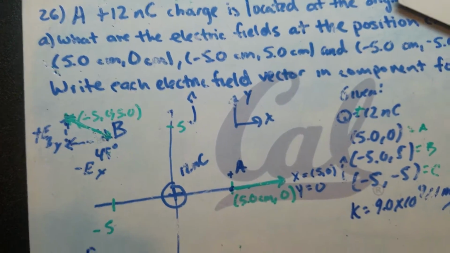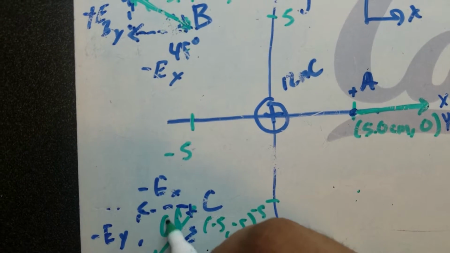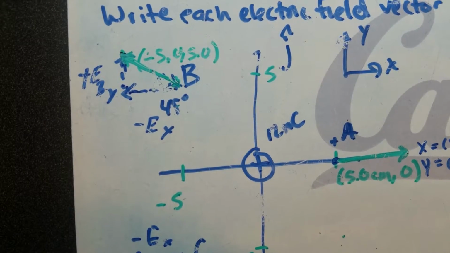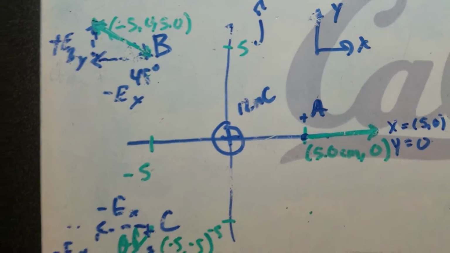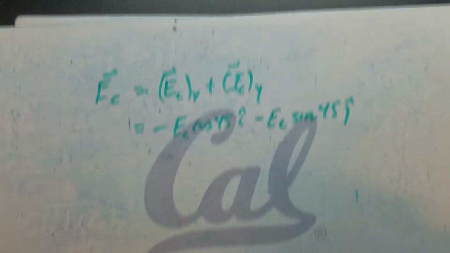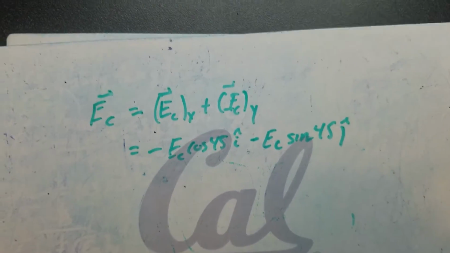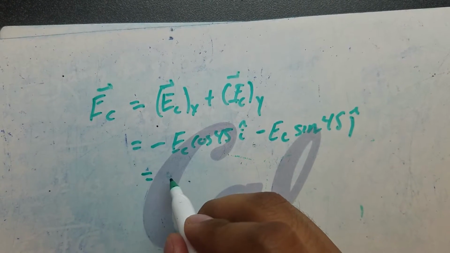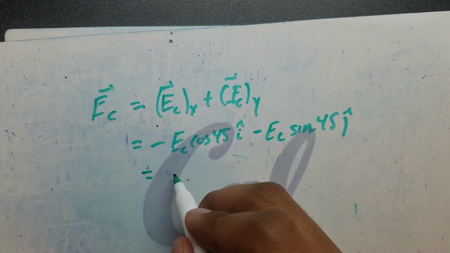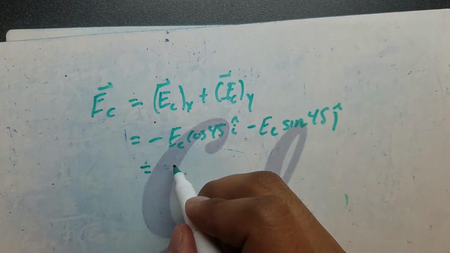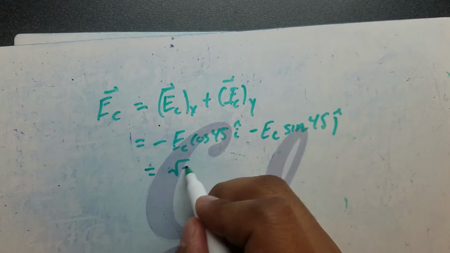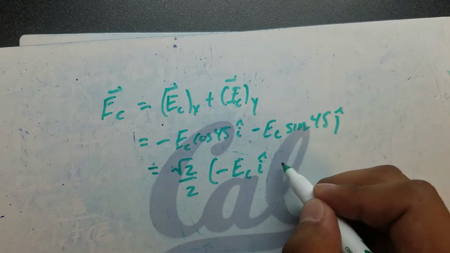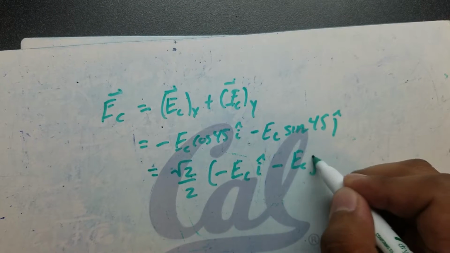Since we broke this into components, we're going to draw this angle. In this case, since EX is adjacent and EY is opposite, EX is cosine and EY is sine, just like we wrote here. Another way we could do this is to factor out the radical 2 over 2: negative EC I direction minus EC J direction.